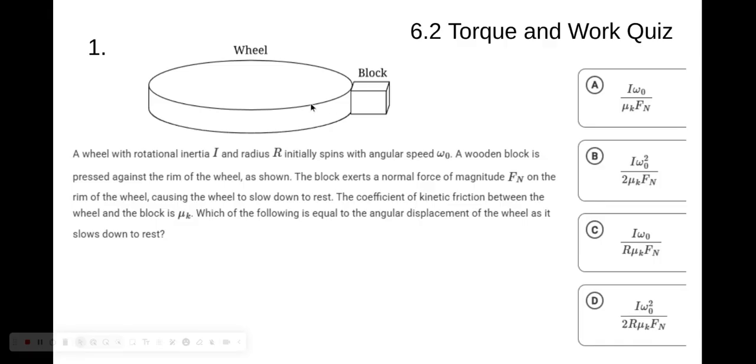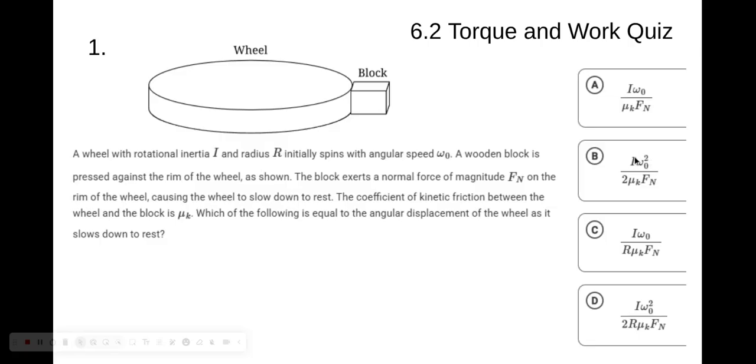So work is torque times the change in angular displacement. And that work is going to be equal to this force here, which is coming from the coefficient of friction being applied. The bottom line is that we have a formula on top that, if you remember, is for kinetic energy, and it's got to have a square in it.